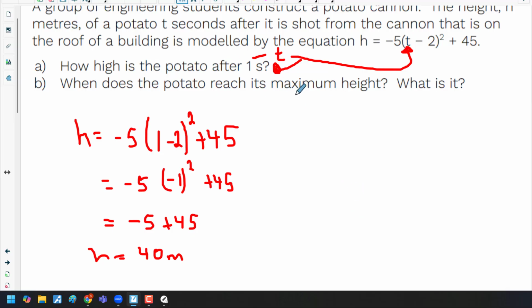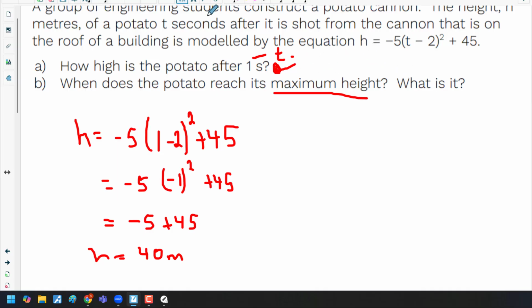When does the potato reach its maximum height? If you remember correctly, that keyword maximum, go back to that first example that we did.